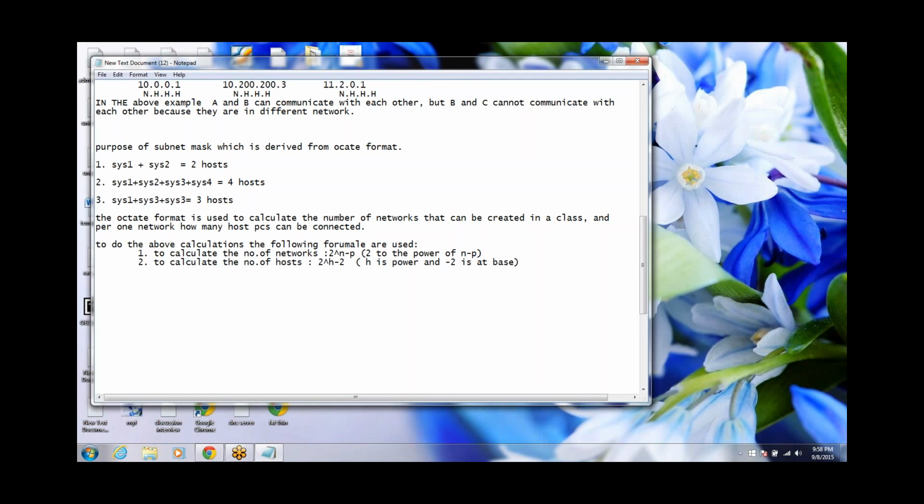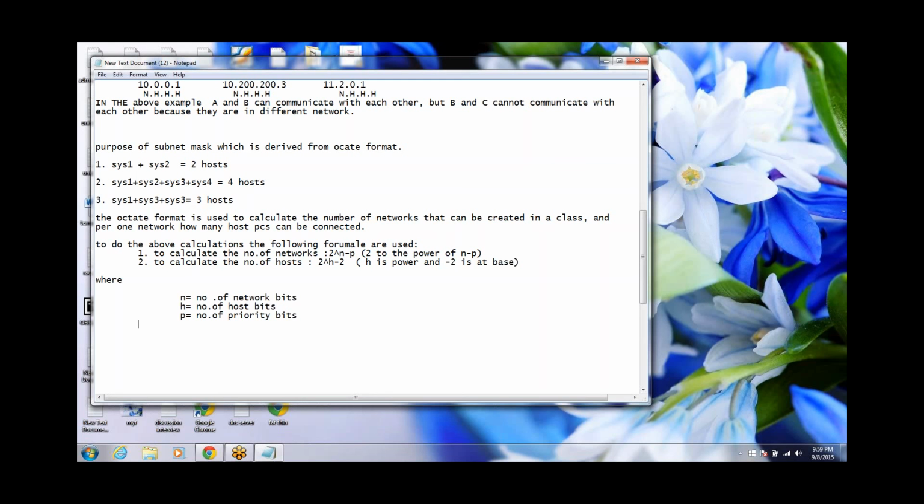Here, n is equal to the number of network bits, h is equal to the number of host bits, and p is equal to the number of priority bits.